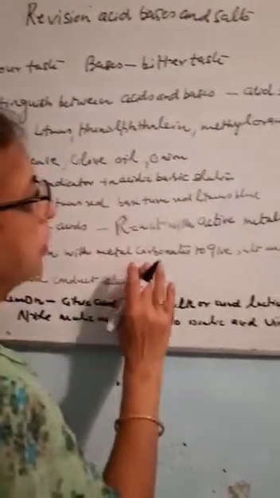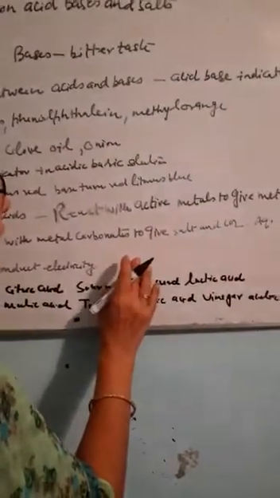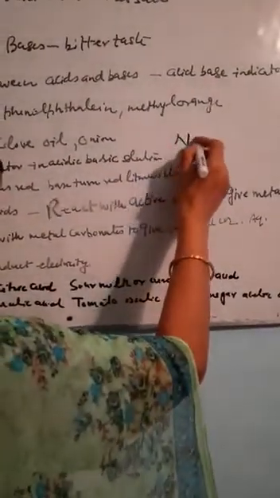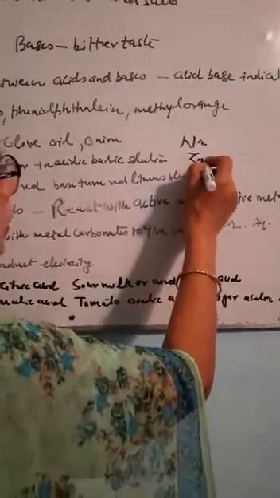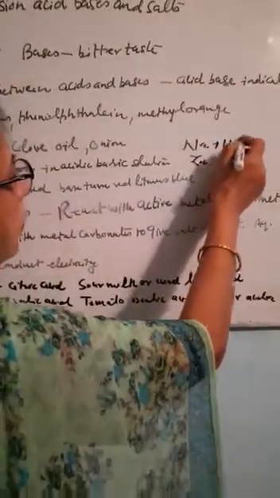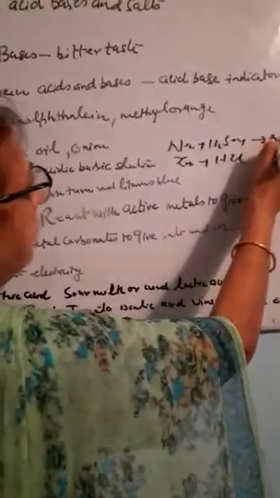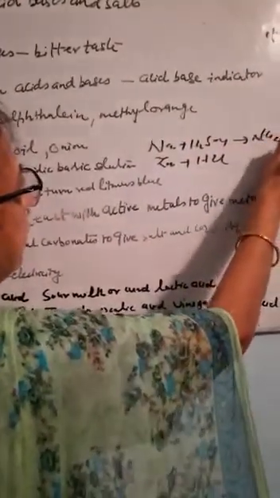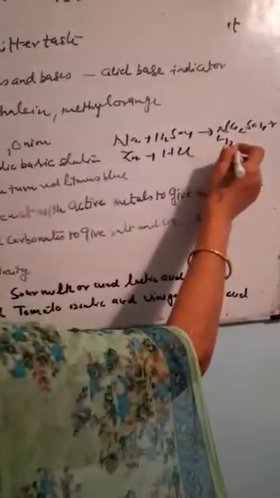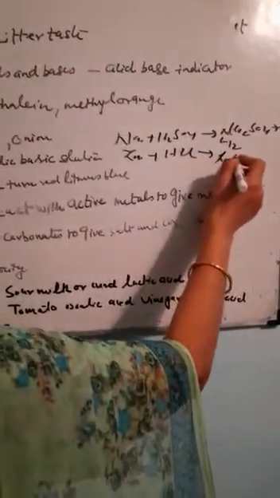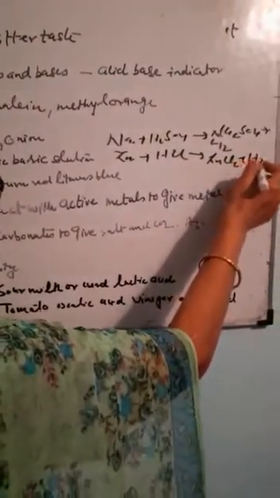You have seen so many reactions, like the reaction of sodium and of zinc with H2SO4 and with hydrochloric acid, to give sodium sulfate plus hydrogen, to give zinc chloride plus hydrogen, and there are so many other reactions.